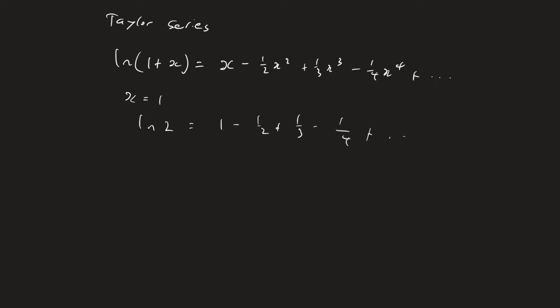The problem with this, though, is that a Taylor series has a region of convergence. In this case, the region of convergence is that the absolute value of x needs to be less than 1. Here, the absolute value of x is equal to 1. It's on the boundary. If x were larger than 1 or smaller than -1, then the series on the right-hand side would diverge.